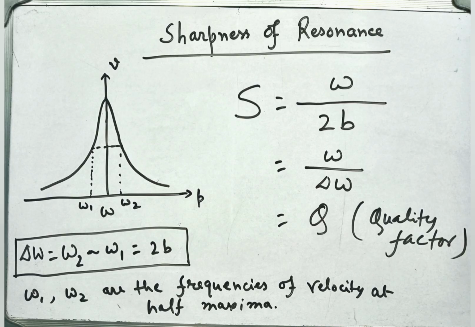This is basically the bandwidth of this velocity resonance curve for a particular b. Now sharpness of resonance is quantified like this, it can be proved, omega by 2b. This 2b value is nothing but that bandwidth delta omega. And this is also exactly equal to the quality factor of the system in this forced vibration case.